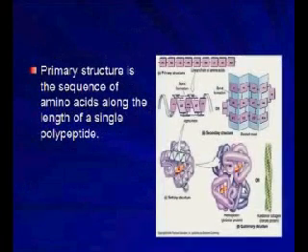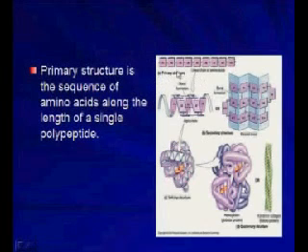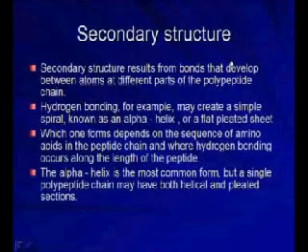They have a primary structure, which is a sequence of amino acids along the length of a single polypeptide. This illustration, taken from your text, gives a demonstration of the primary structure. A secondary structure results from bonds that develop between atoms at different parts of the polypeptide chain.